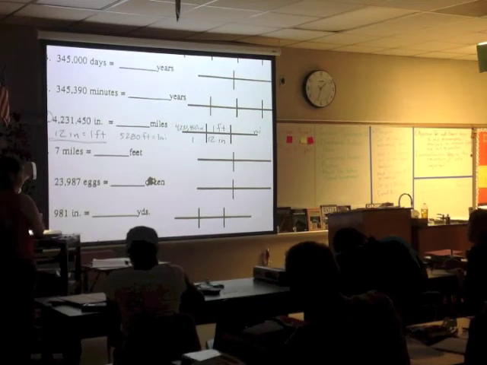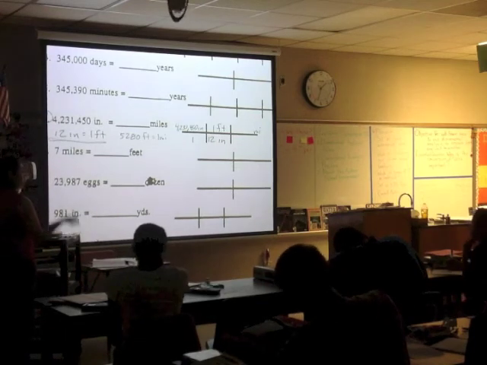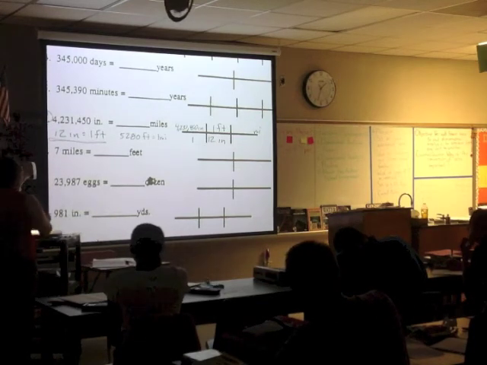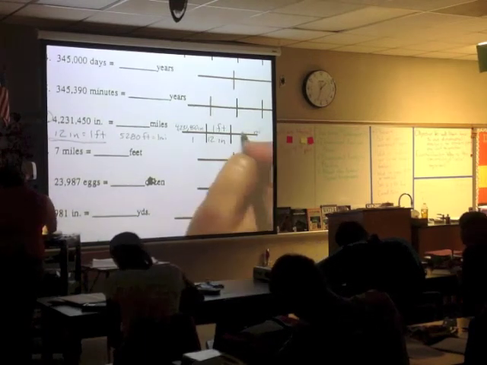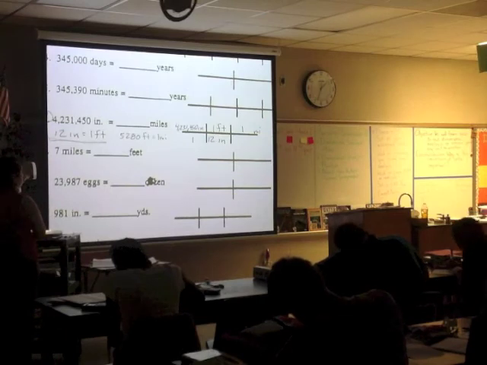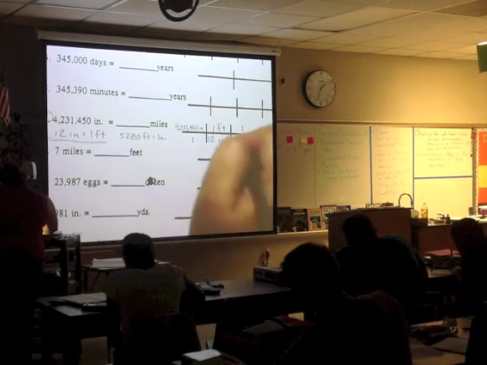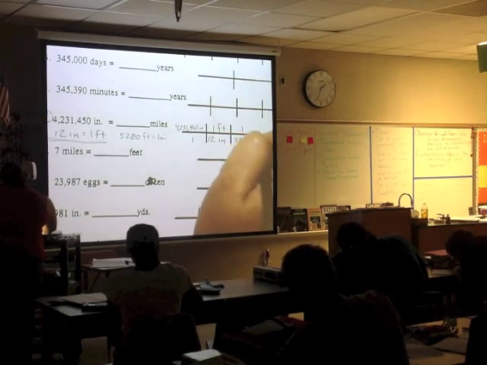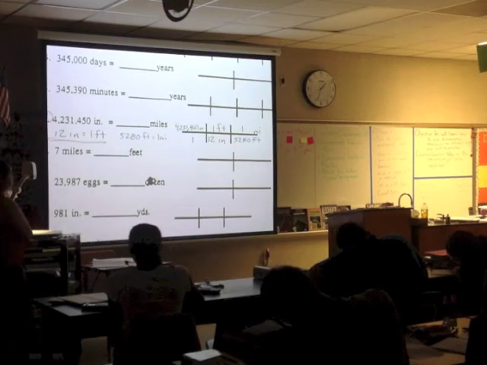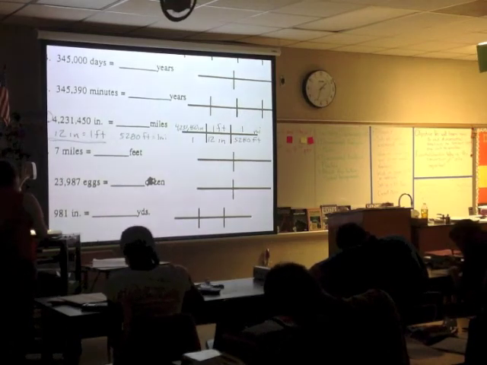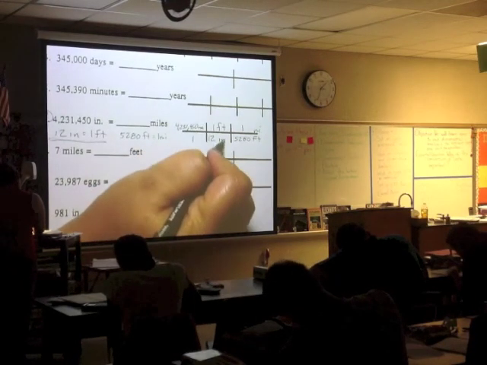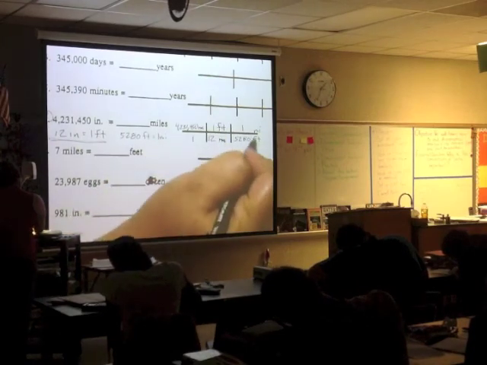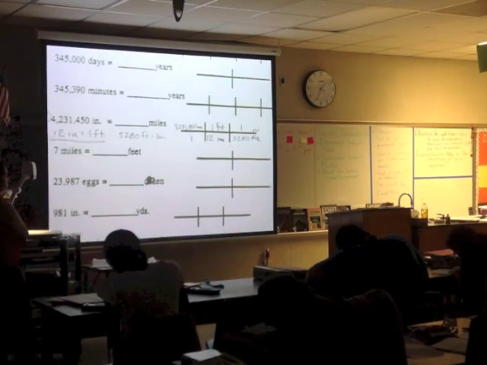Top to bottom. Do I want mile, or do I want to get rid of mile? I want it. So if I want it, I want to write it on top. Okay? And then what would go at the bottom? 5,280 feet. Okay? Now what do I do? Cancel. So what can I cancel? Inches, feet. Okay?